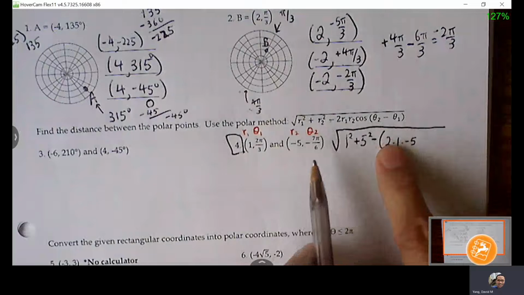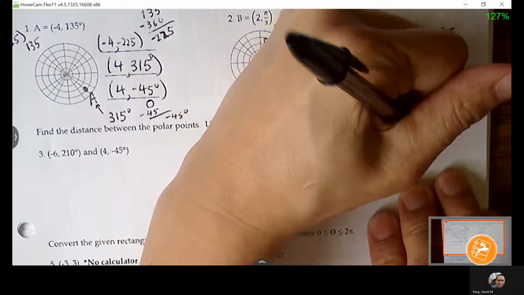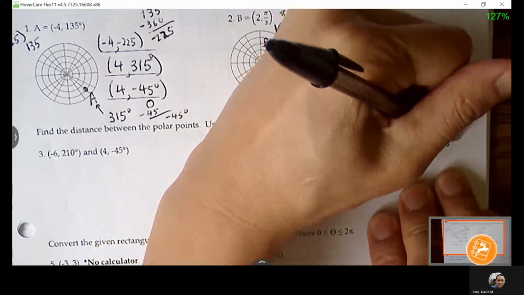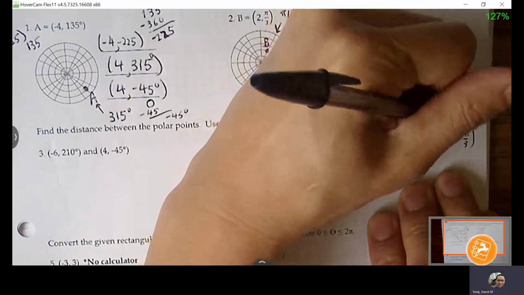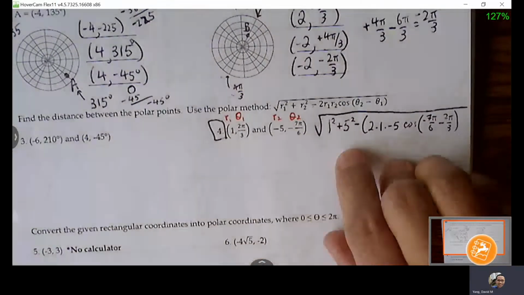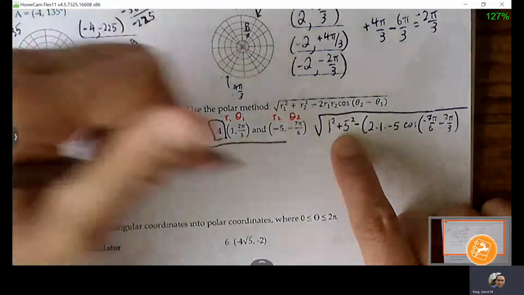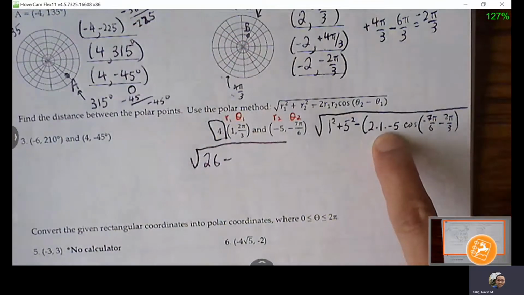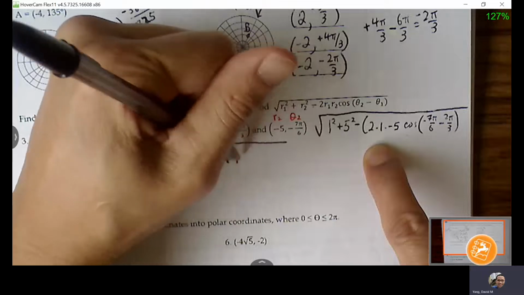And then cosine of theta 2 minus theta 1. 1 plus 25 is 26 minus 2 times 1 times negative 5. The two negatives become positive, so plus 10.